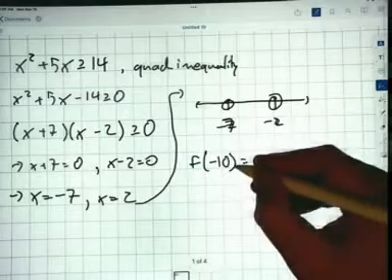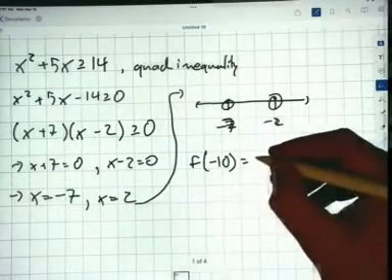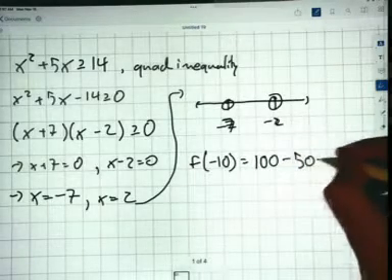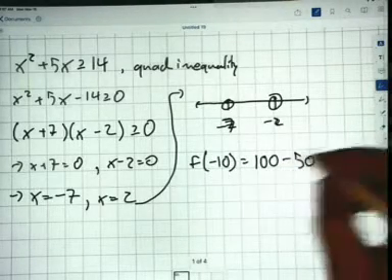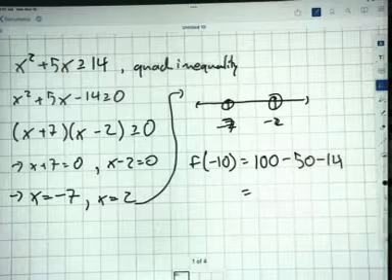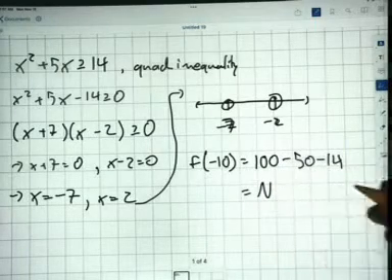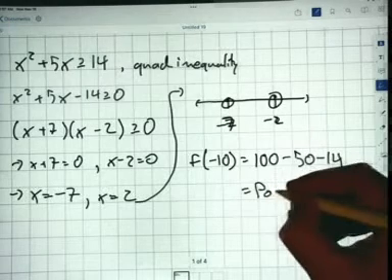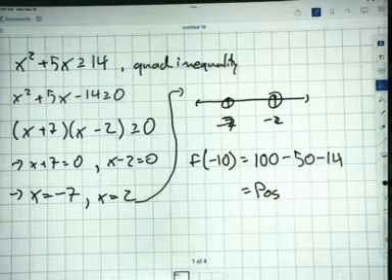So I'm just going to plug in negative 10 into this function. That's going to give me 100 minus 50 minus 14. And look, I don't have to pull up my calculator to tell you that this is going to be positive.